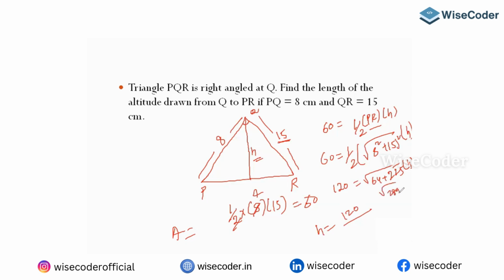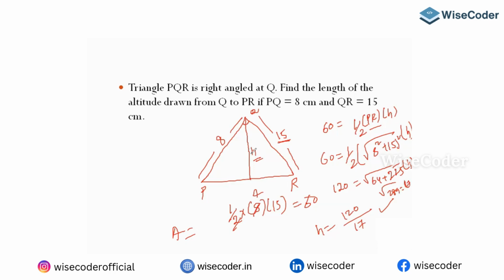Square root of 289 is nothing but 17. So you will get the H value as 120 divided by 17, because they want this height only, no? You need to understand 120 divided by 17.